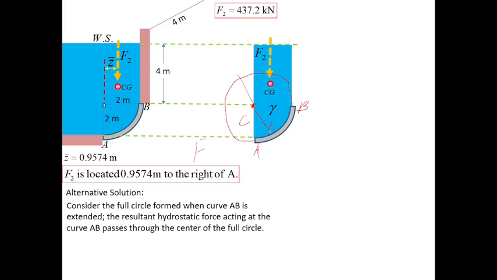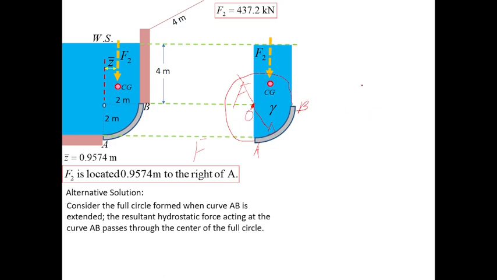So, kung ganon, ito yung ating F. The resultant hydrostatic force acting at the curve AB passes through the center of the full circle. So, kung dumadaan siya sa center ng full circle, sabihin natin, point O. Center ng circle, point O.